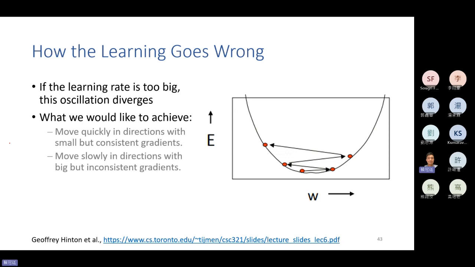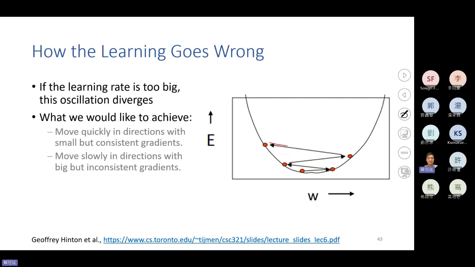So that's the saddle point, and a saddle point will make our learning very difficult. So how could the learning go wrong? As we mentioned before, you can decide how far one step goes with the learning rate. But if the learning rate is too big, you may go too far, right?